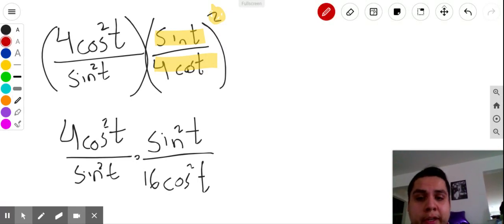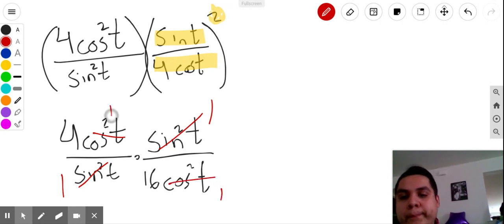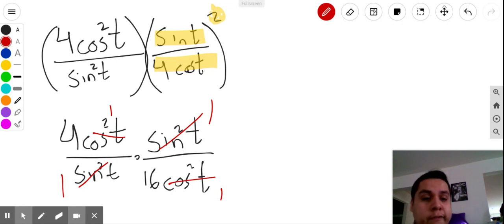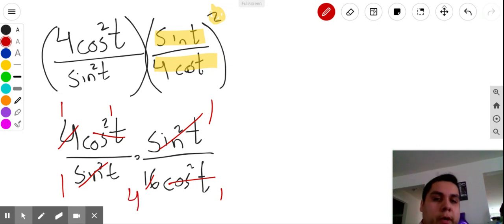I'm multiplying, so I can see that I'm going to have a sine squared and a sine squared, so those will cancel out, reduce down to give me 1. I see cosine squared divided by a cosine squared, so those will cancel and give me 1s as well. And then I see 4 and 16, and I can divide both of those by 4, so I get 1 and 4 left over, right?